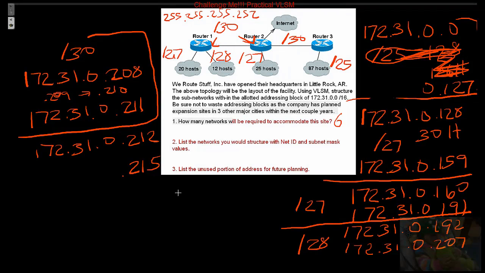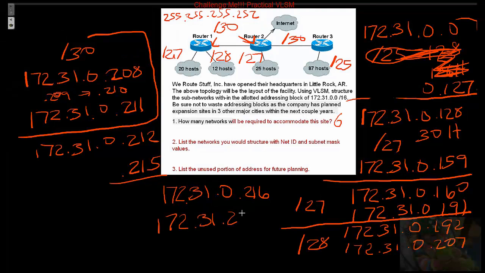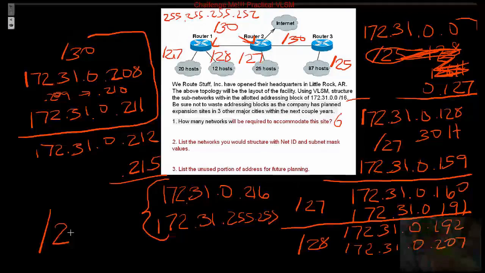Our unused portion, 172.31.0.216 is our next available address to 172.31.255.255. Now what we probably would do is look at Little Rock and go, you know what? We're going to give that site a /24.